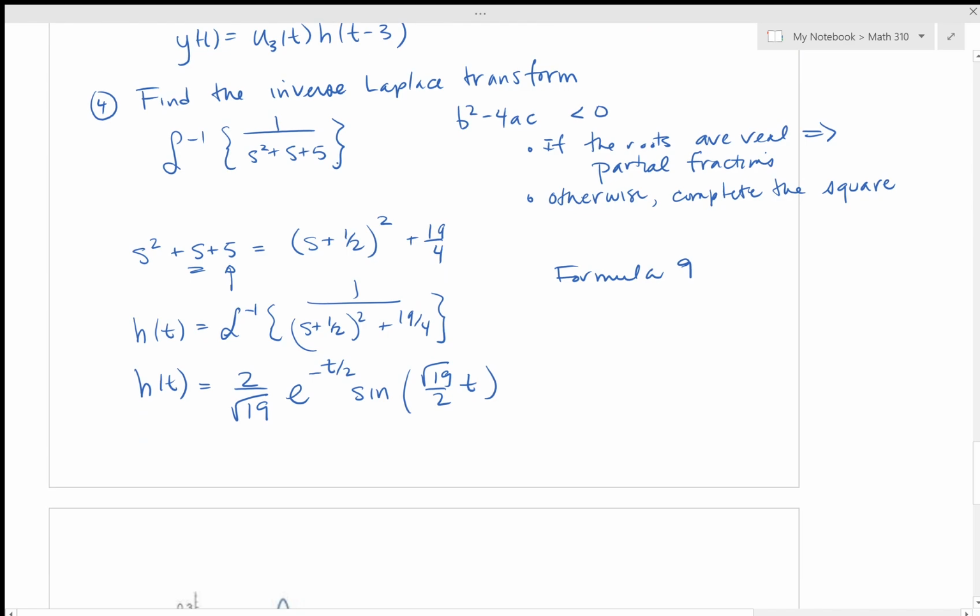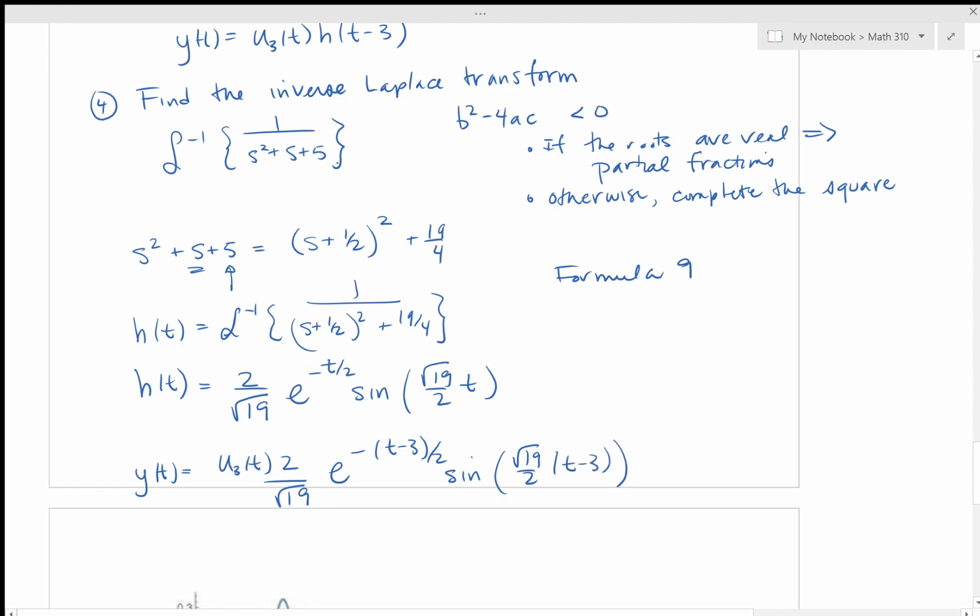Then once I have h of t, it's now a very simple matter for me to write out what y of t is. Y of t is u3 of t times 2 over square root of 19, e to the minus t minus 3 over 2 sine of root 19 over 2 times t minus 3.